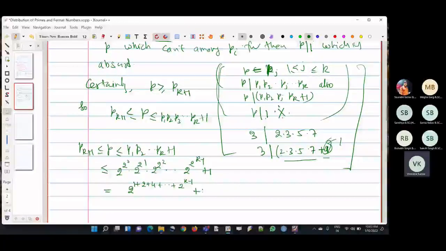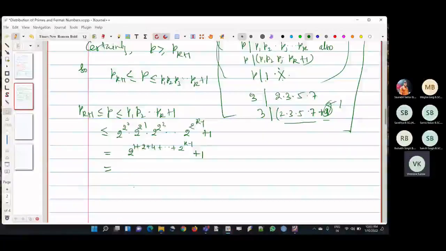In the power of 2, we have a finite geometric series, and we can write its sum as 2 to the power k minus 1, like this. And then plus 1 also. And here we can write 2 to the power k divided by 2, and plus 1.